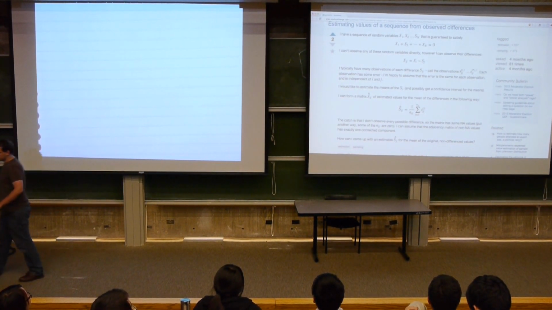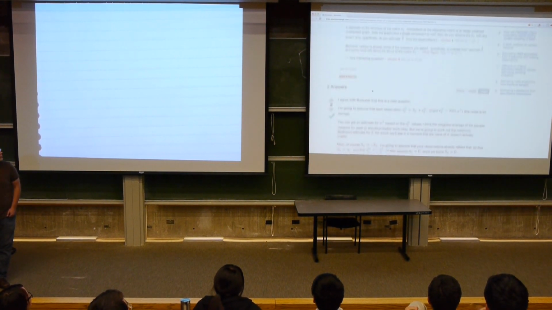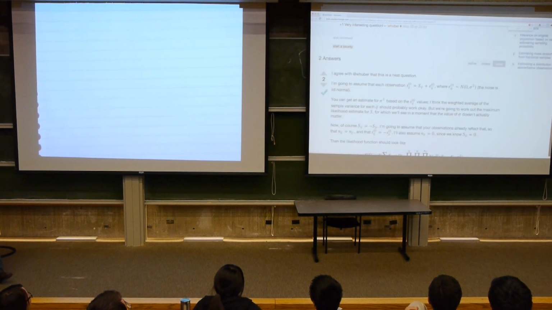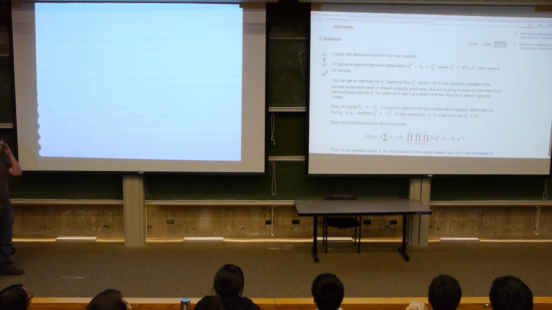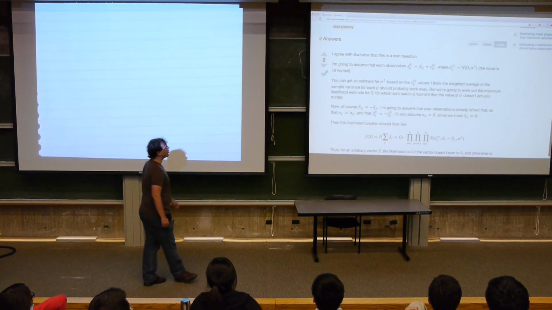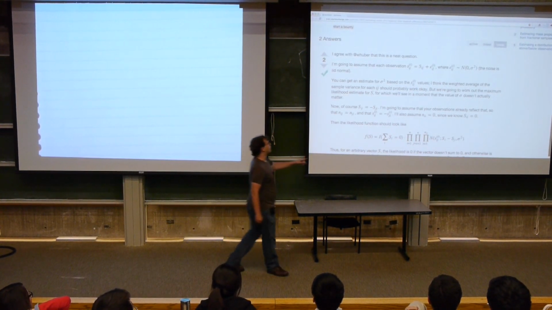So what you can do is actually convert this. If you make a certain assumption, that your observations have IID random noise, then you can write down a likelihood function for this.